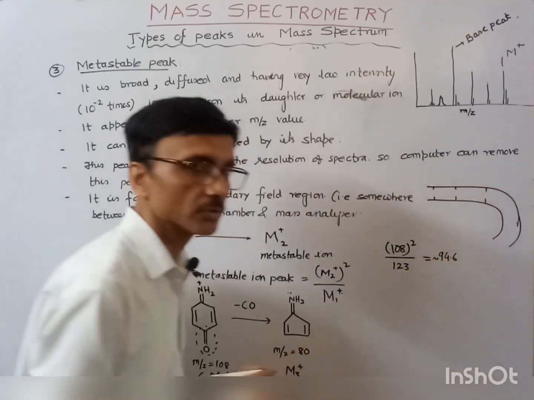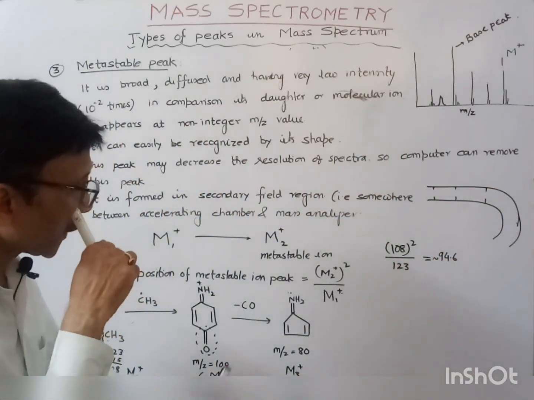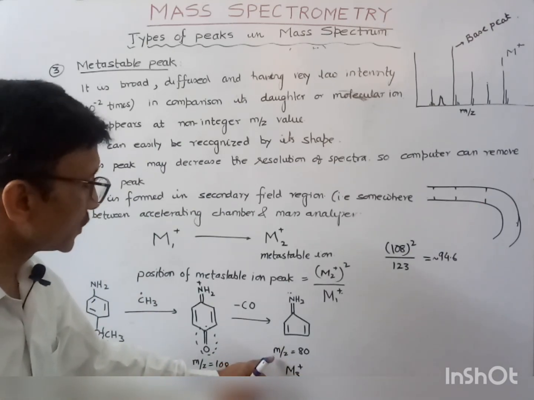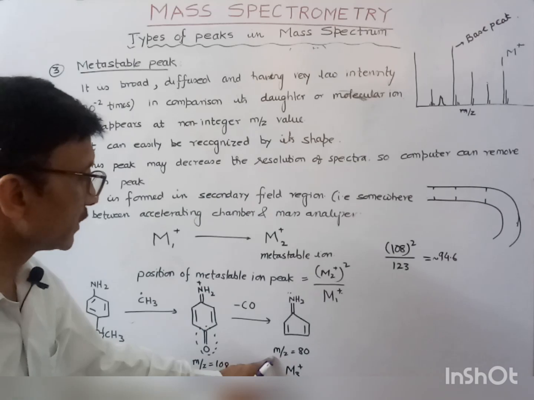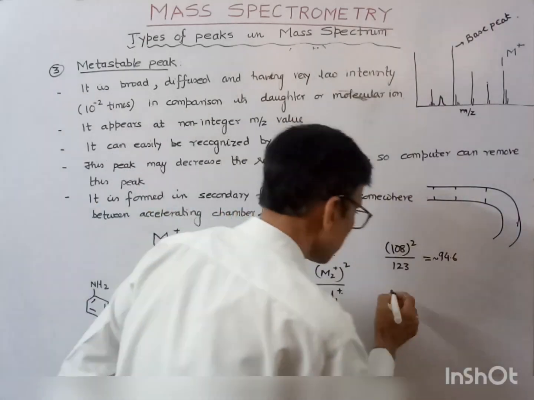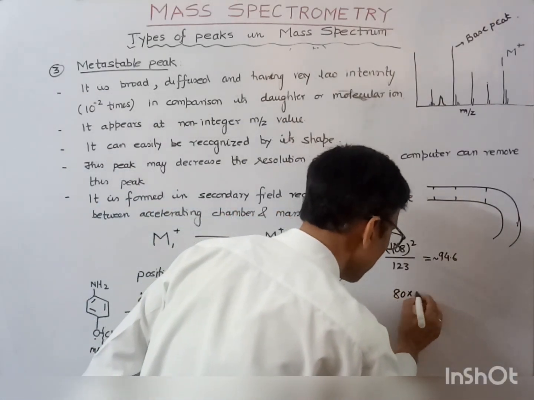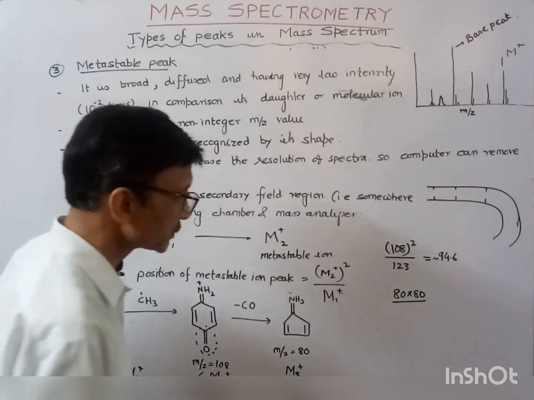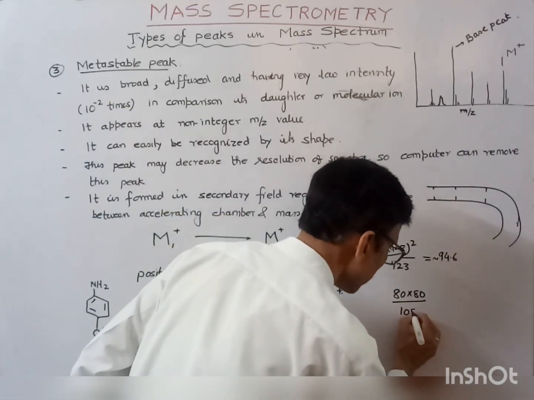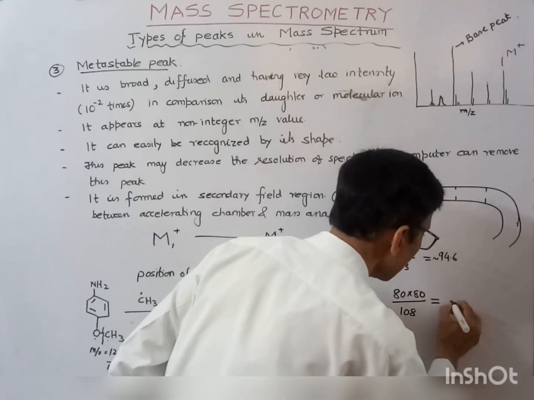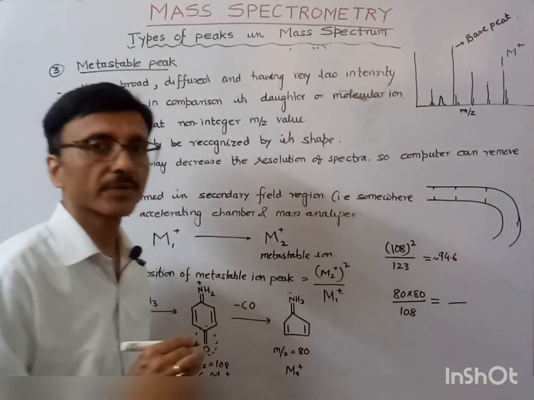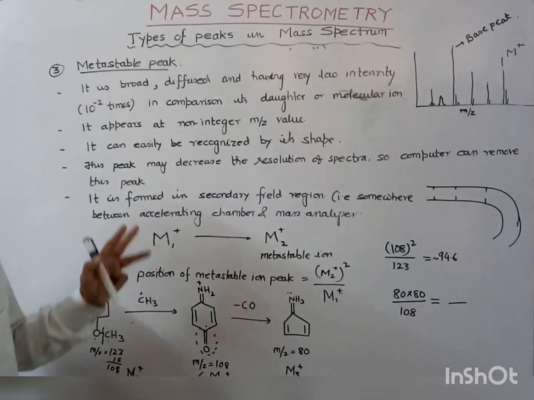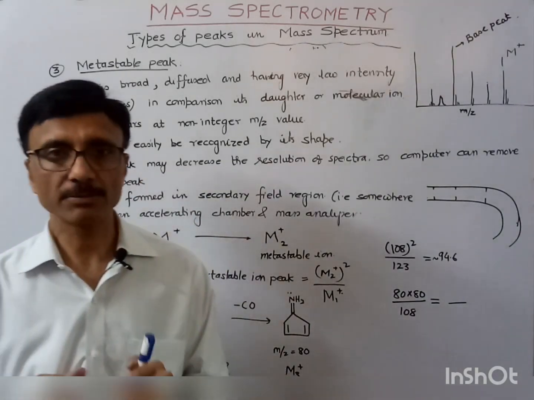In the same way, for the other metastable ion, we take 80 multiplied by 80 divided by 108, as it is formed from that. This will also give you a non-integer m by z value. So this is about the metastable peak.